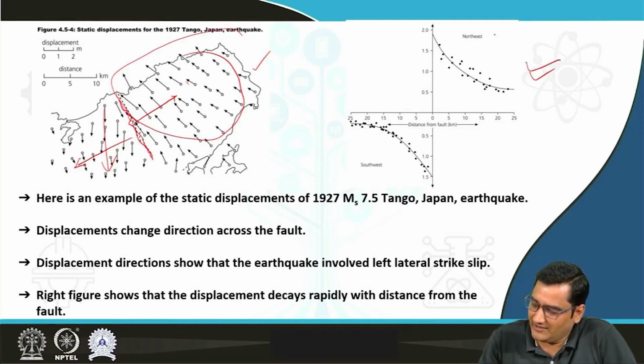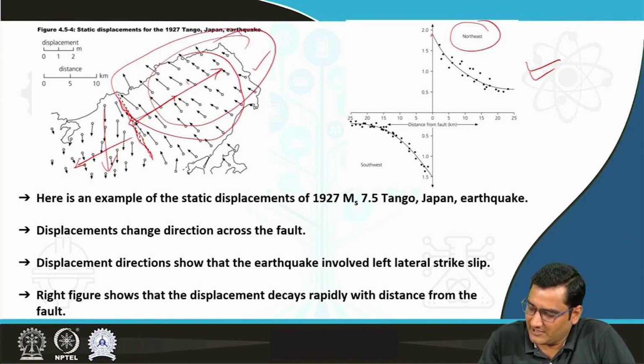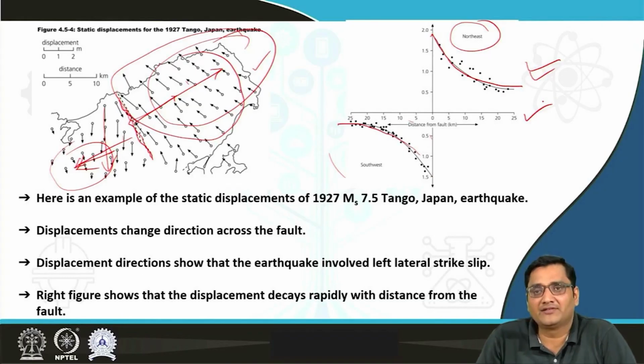In the northeast direction, as you go away from the fault, the displacement is reducing, and here also, since we are taking the opposite direction, it is all considered over here in the southwest direction, and it is decaying something like this. And the x-axis is representing the distance from the fault in kilometers. So this is what it is written.